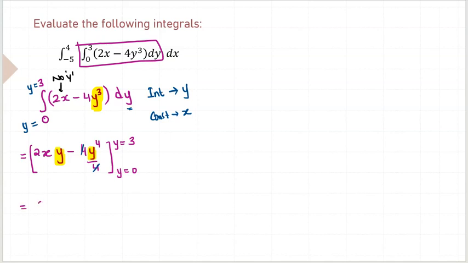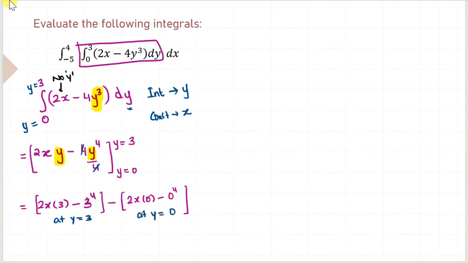So this gives you 2x times 3 minus 3 to the power 4, minus 2x times 0 minus 0 to the power 4. These are the values when y is 3 and when y is 0.